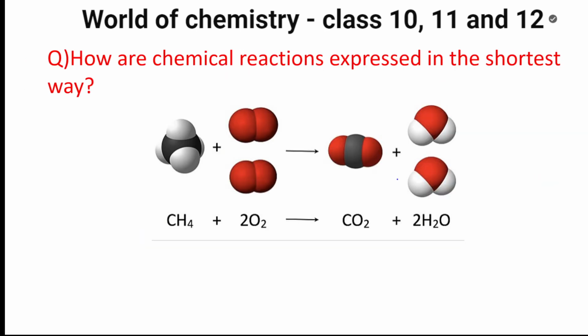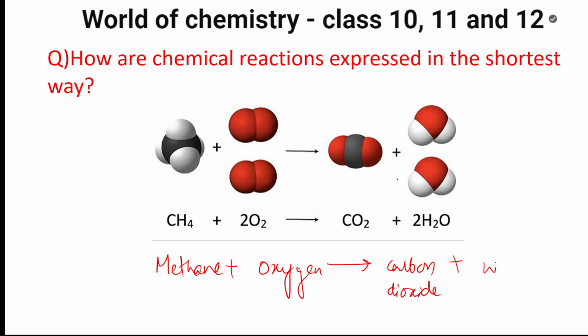Next question. How are chemical reactions expressed in the shortest way? Normally it is a word equation. I write methane plus oxygen gives carbon dioxide plus water. This is your chemical reaction. Now how do I express this in the simplest and shortest way?